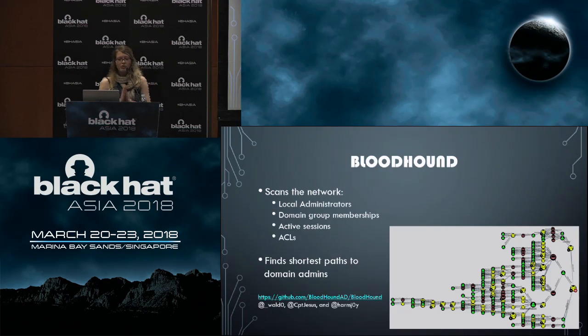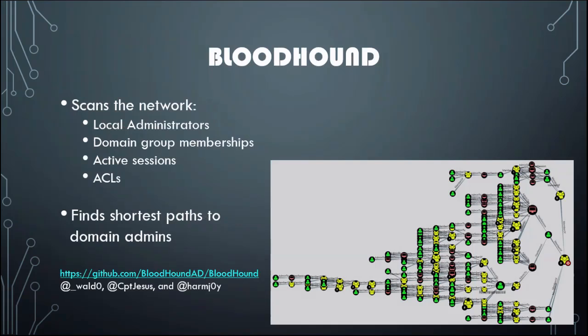So, very brief overview of Bloodhound. Bloodhound was a tool which was originally created for attackers, but it can be very useful for defenders as well. And what it does is it constructs a graph which shows paths which would lead from less privileged domain accounts to domain admins. So it starts by scanning the environment to gather as much information as possible to construct the graph.